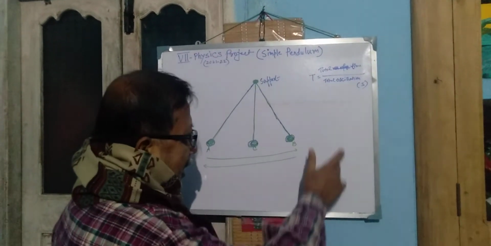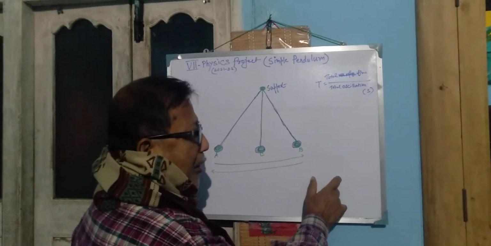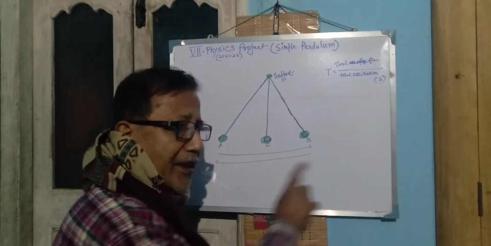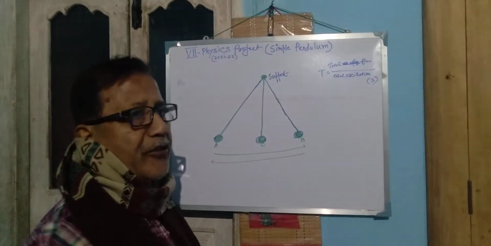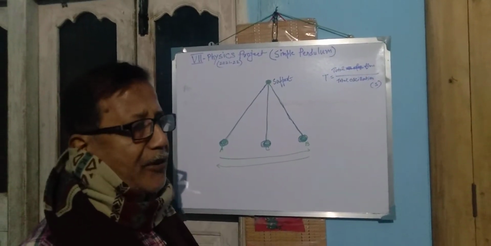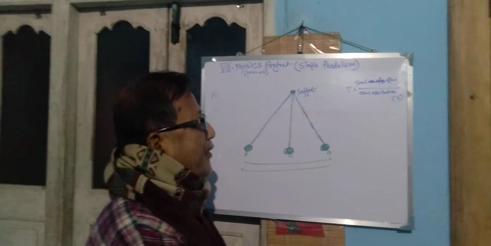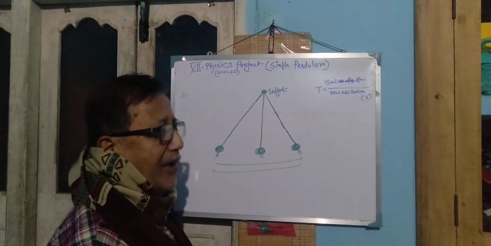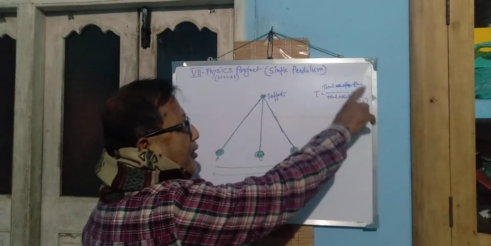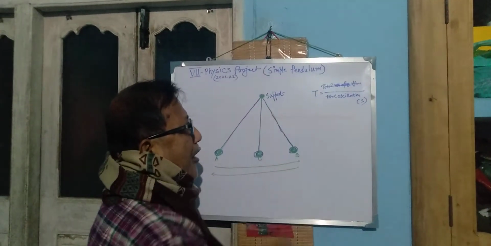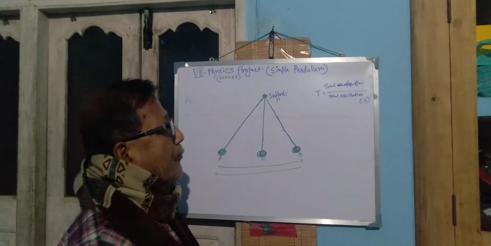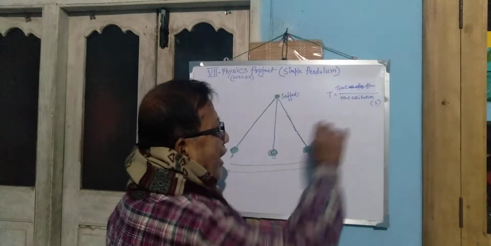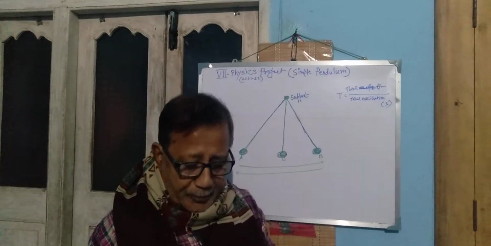In this way, the third time also, you will find out the time period. So how many observations are you doing? You are doing 3 observations, and in each observation you have to find out 10 complete oscillations and total time taken. So you will get the time period as per this formula: time period is equal to total time taken for 10 oscillations divided by total oscillations.